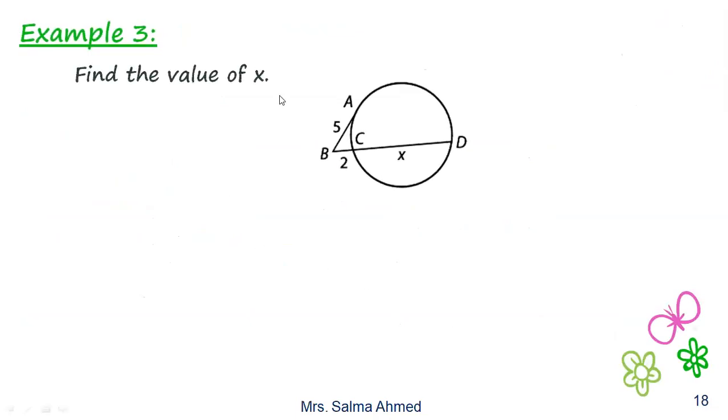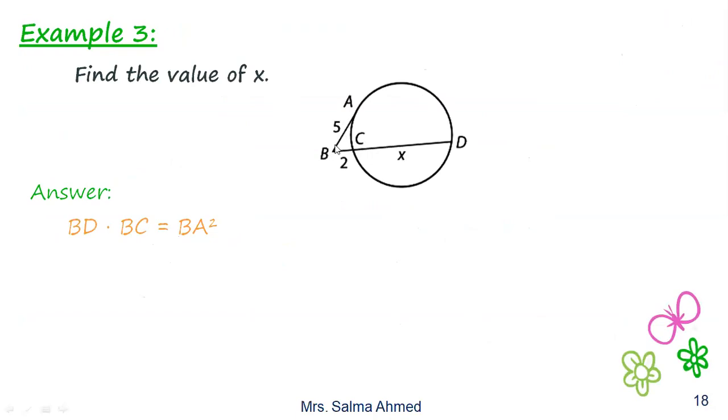Let's apply it. Find the value of x. Here I have the drawing, and this is a secant and this is a tangent. I'm going to find x by applying the secant-tangent product theorem. So it will be BD times BC is equal to AB all squared, or BA all squared.